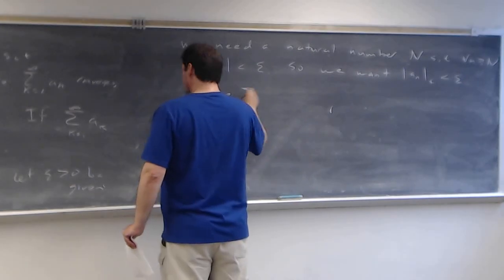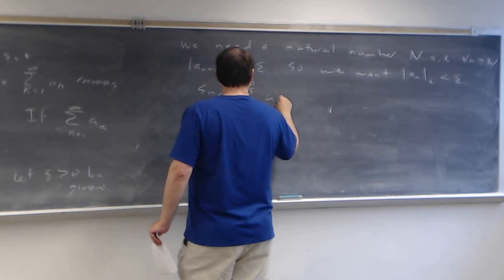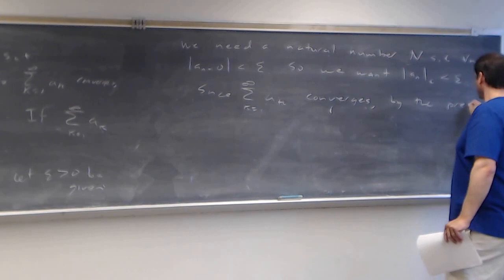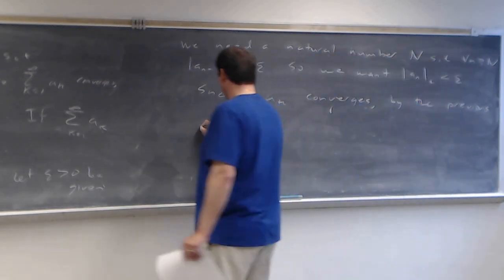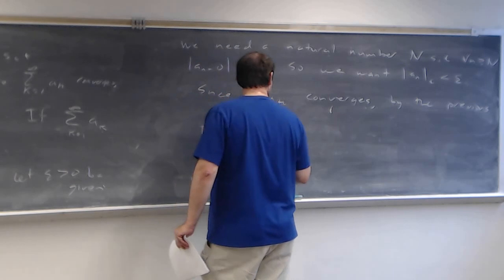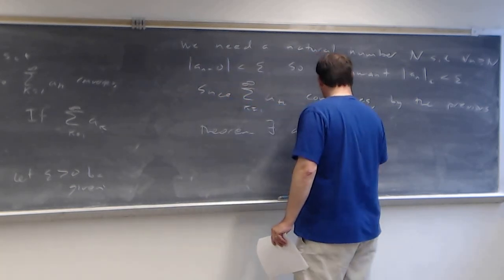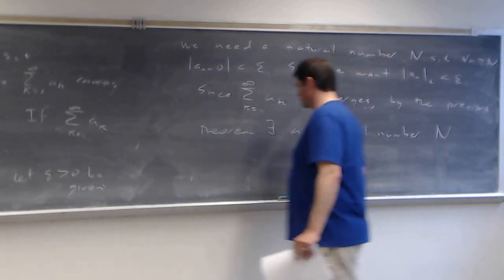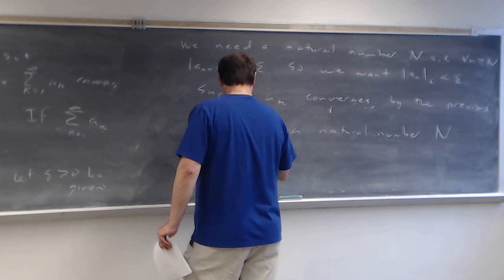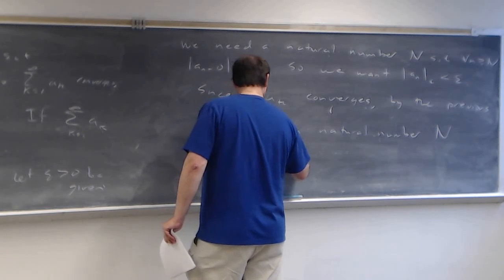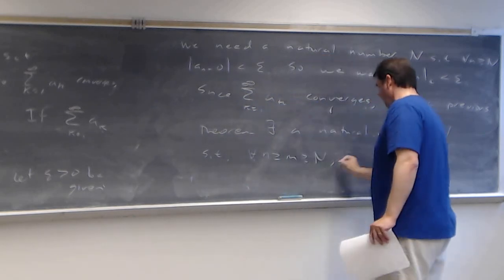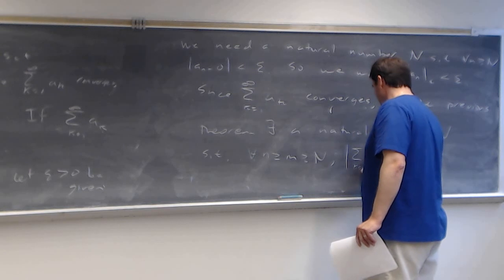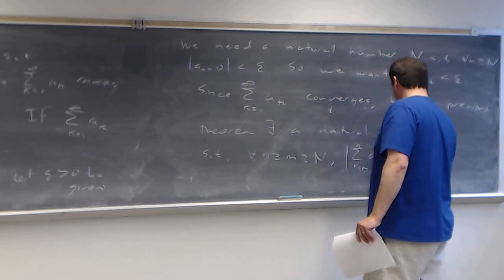Since this sum as k runs from 1 to infinity of a sub k converges, by the previous theorem, there exists a natural number N such that for all n bigger than or equal to m bigger than or equal to big N, the norm of the sum as k runs from m to n of a sub k will be less than epsilon.